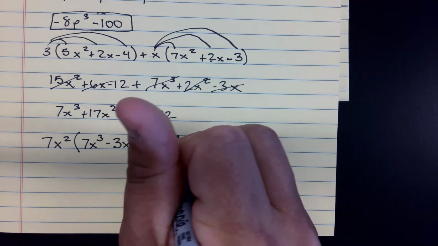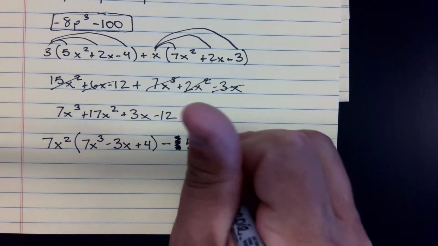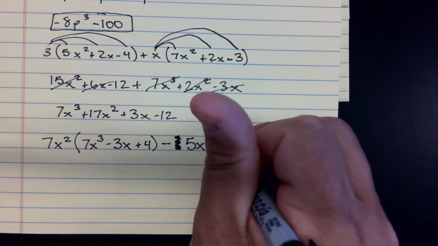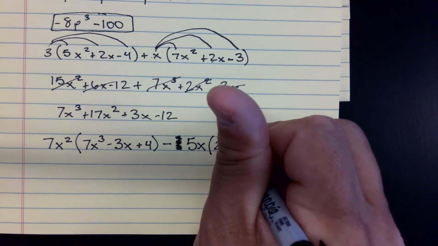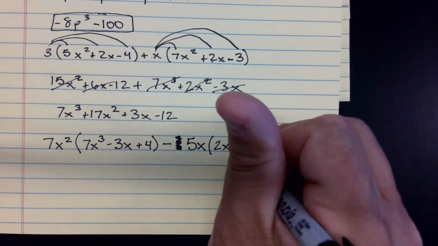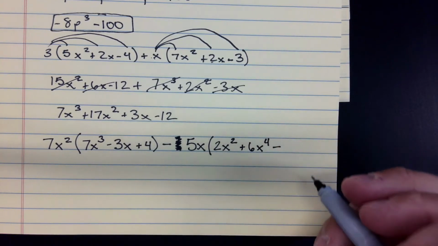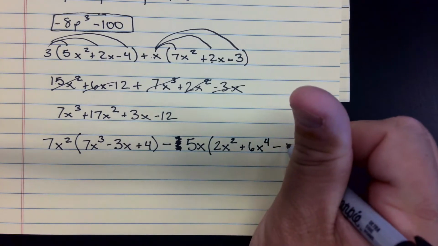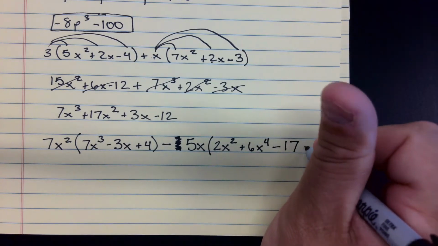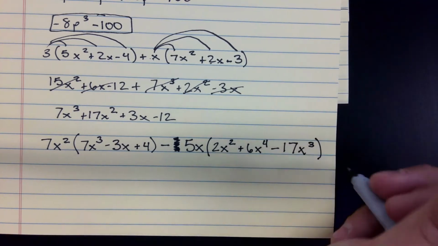I didn't mean to put that. Ignore that line. So 5x, 2x squared, plus 6x to the 4th minus, Dan? 17 x to the 3rd. There you go.